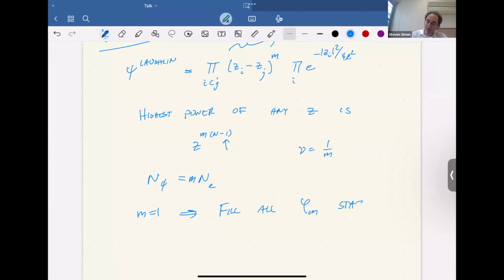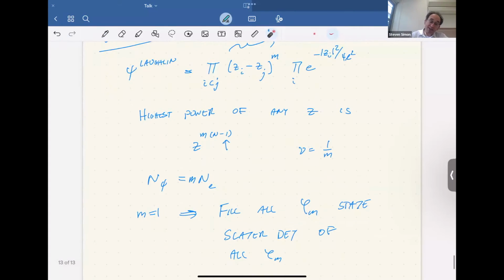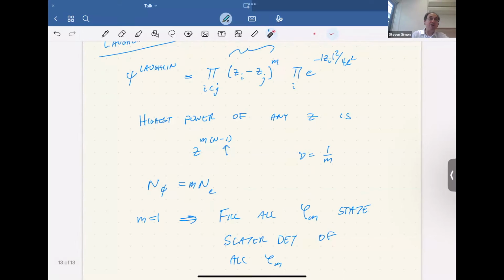You just get a Slater determinant of all the phi m's. So you just fill the whole Landau level. So m equals 1 fills the whole Landau level. m equals 3 fills 1/3 of the states of the Landau level in some sort of uniform way. So this wave function, numerically, is extraordinarily good.